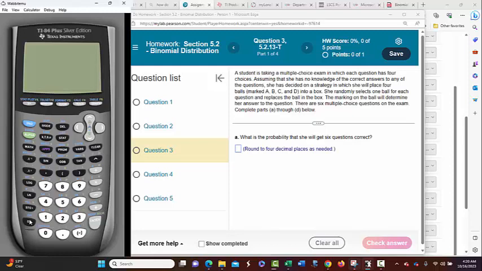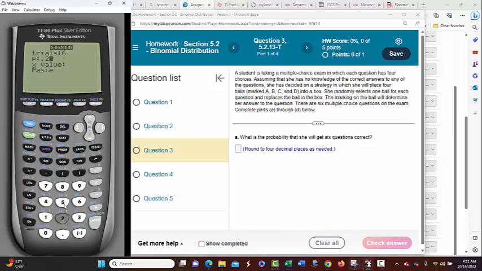The calculator. Second distribution. It'll be binom PDF because we're only calculating one number here, not adding up a bunch of numbers. Trials is 6. p is 0.25.